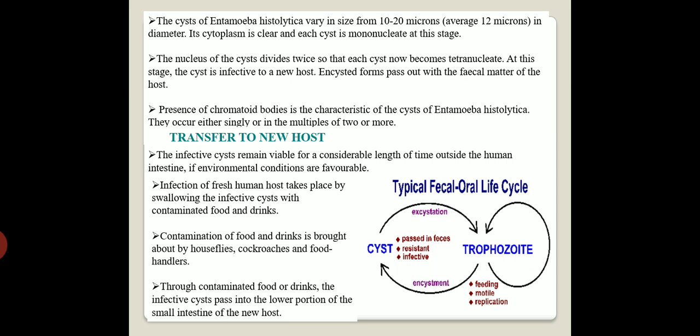Contamination of food and drink is brought about by houseflies, cockroaches and food handlers. Through contaminated food or drinks, the infective cysts pass into the lower portion of the small intestine of the new host. Here is the picture where you can see the typical feco-oral life cycle of Entamoeba histolytica.